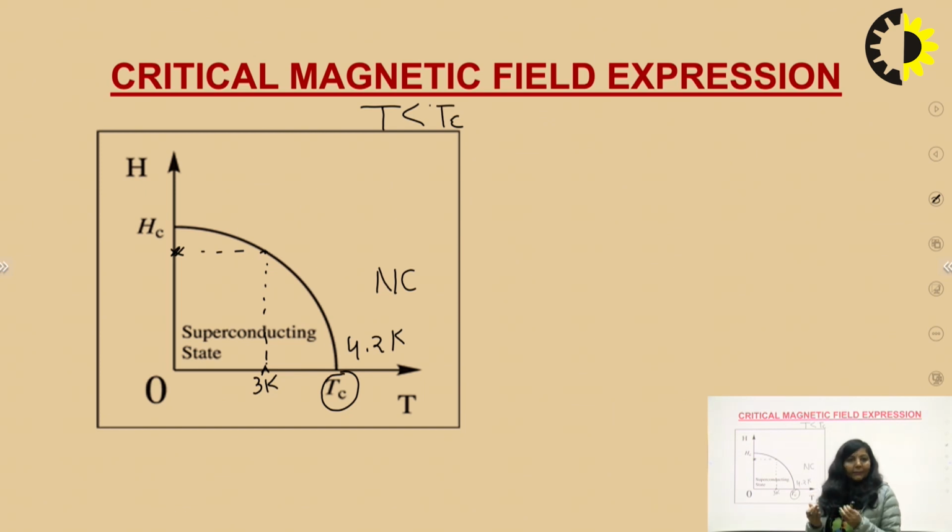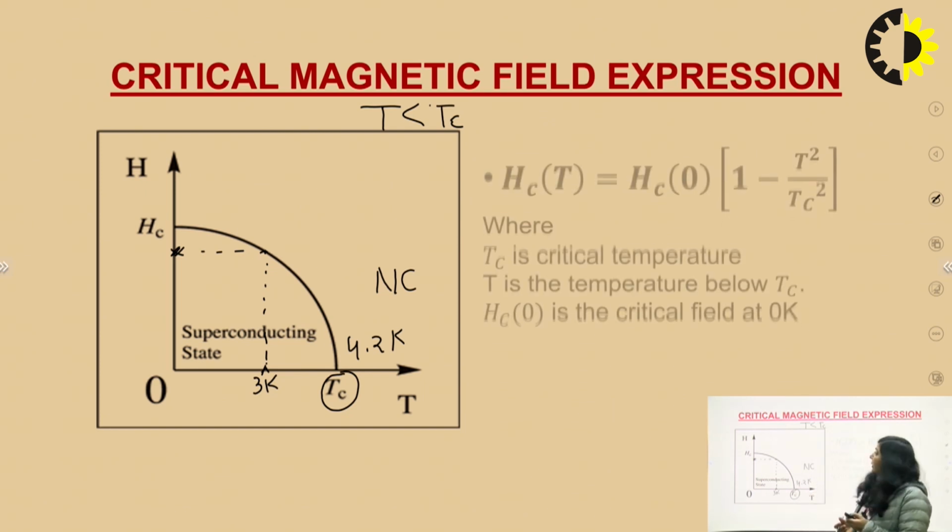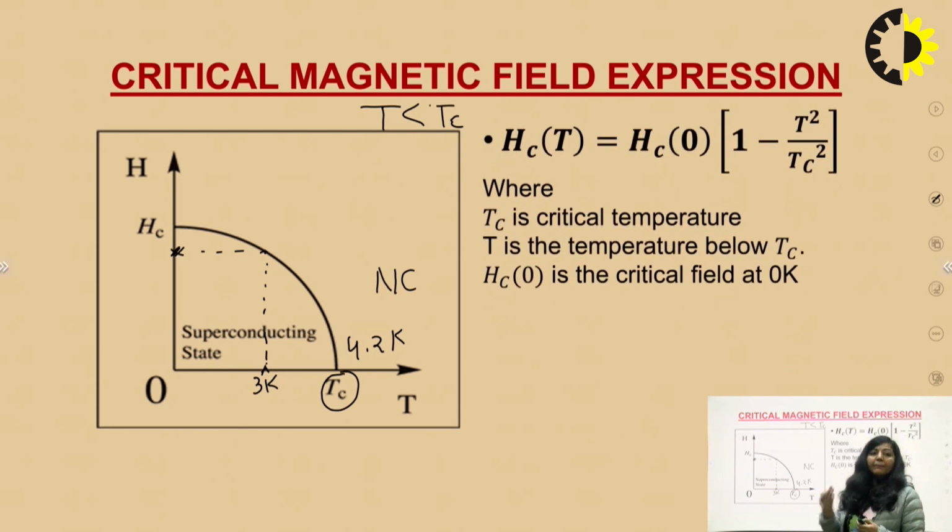So critical magnetic field is the minimum magnetic field required to change the state of material from superconducting state to normal state. This critical magnetic field has significance, or plays its role, only between 0 and Tc. Above Tc, obviously the material will be in normal conducting state, so this factor is totally insignificant.